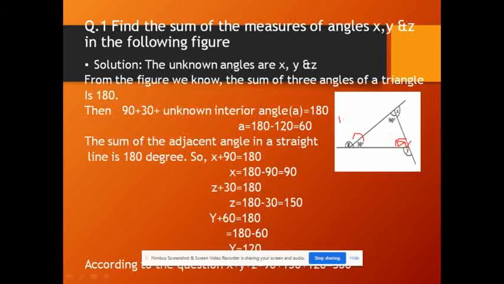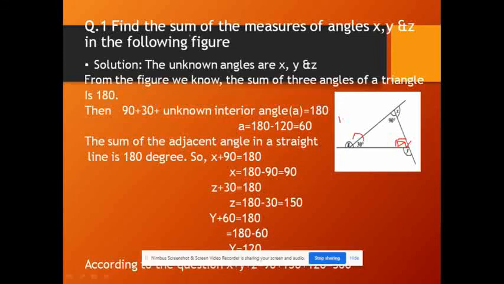So z is equal to 180 minus 30, which is 150 degrees. Then y plus 60 is equal to 180 degrees, so the value of y becomes 120 degrees.